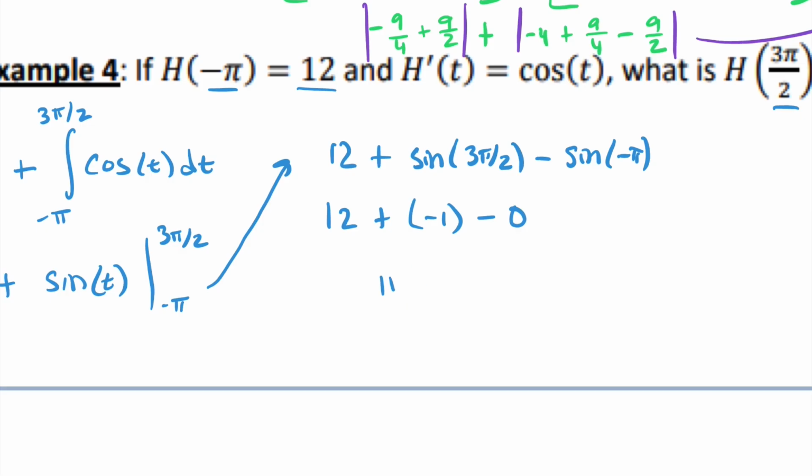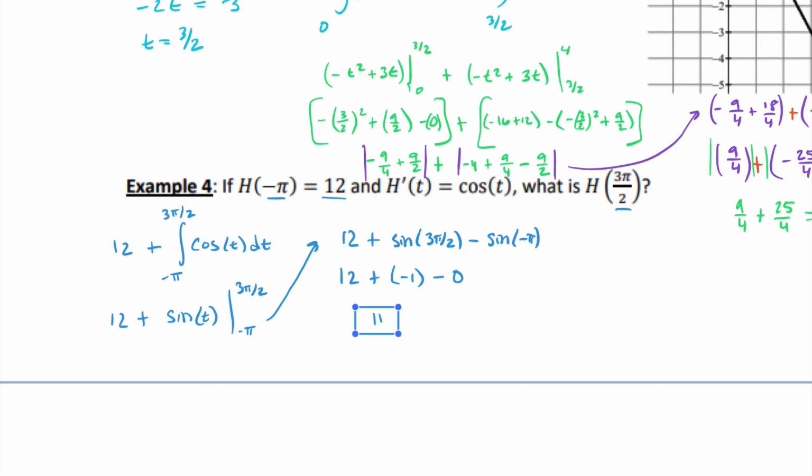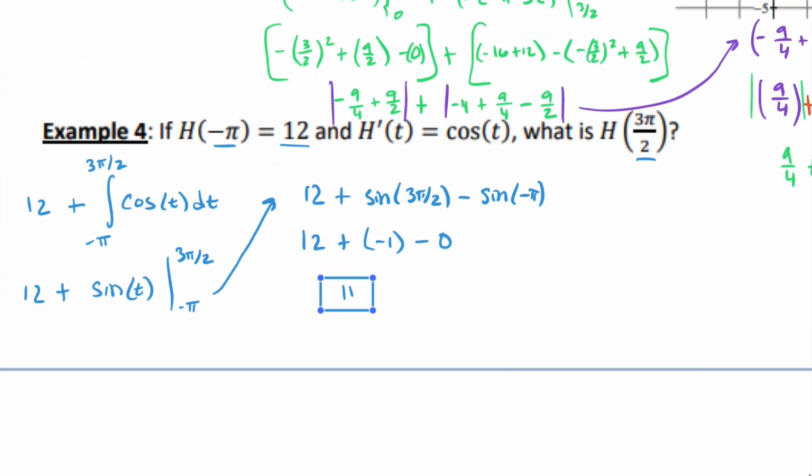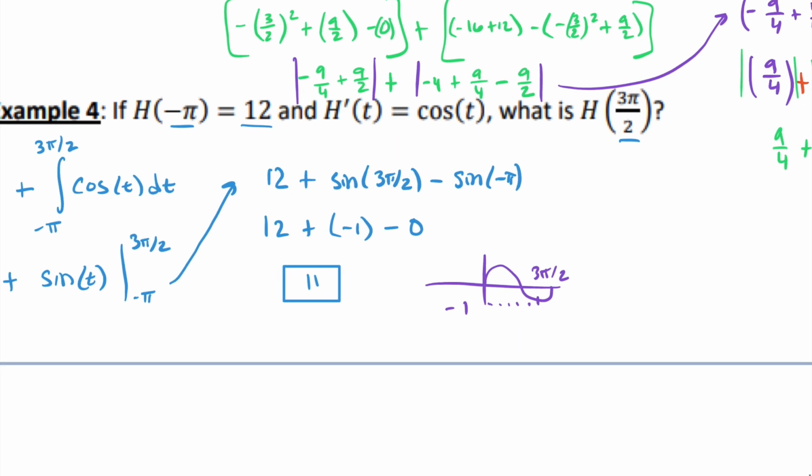Now, if it said find total area, we would have to be careful here. We would have to find the absolute value of it, because sine goes, let's see, here's our 3 pi over 2. It's negative 1 is our output here at 3 pi over 2.